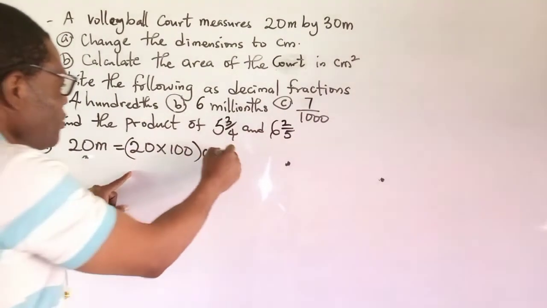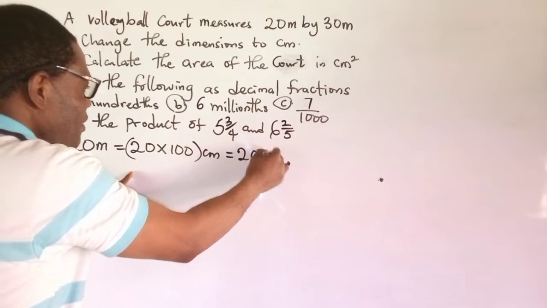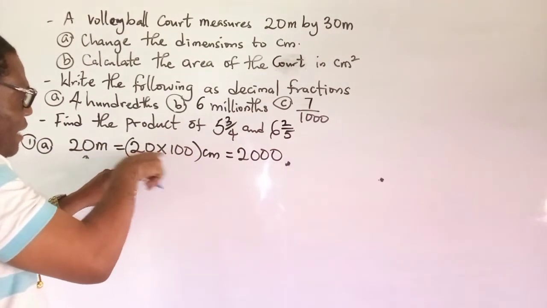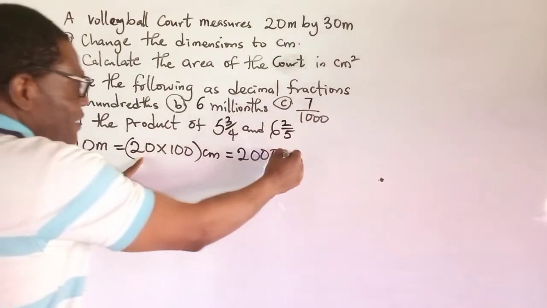So here is going to be 2000 centimeter. Just add the two zeros and multiply by 1.